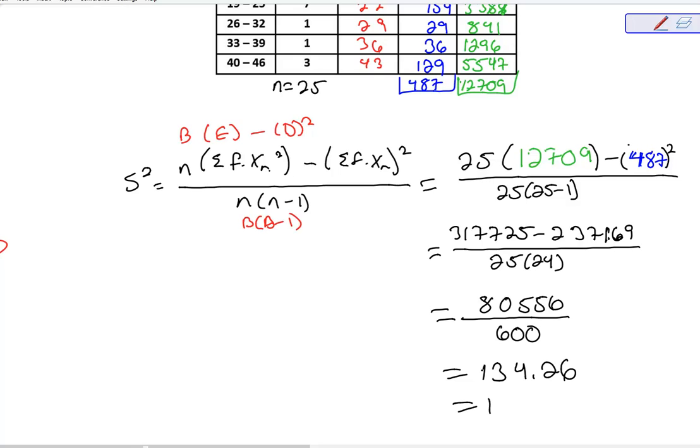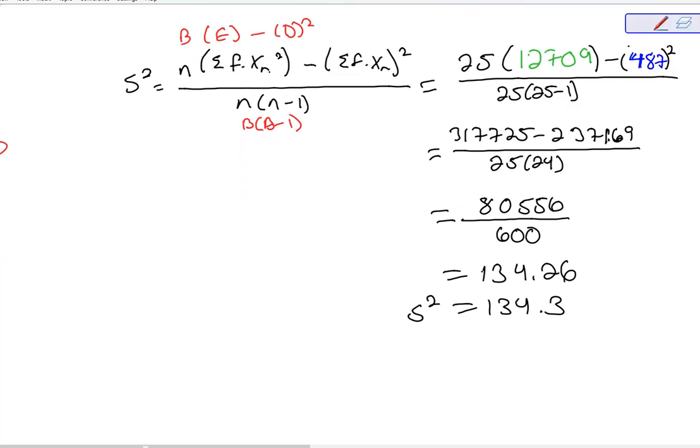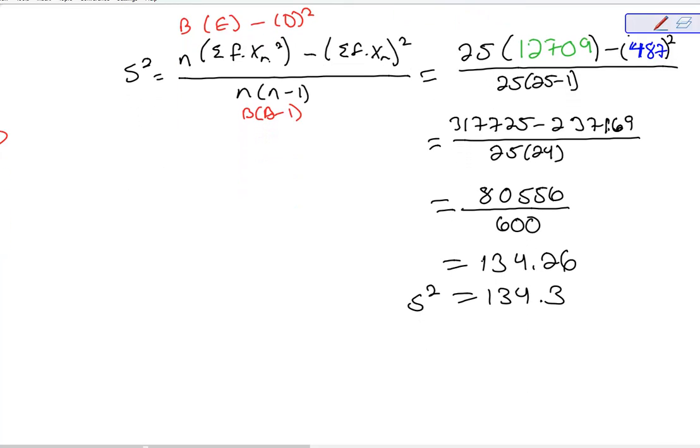134.26, which rounds to 134.3 is my variance, and that should be sample, so I need to change that to s squared. So my sample variance for this is 134.3.